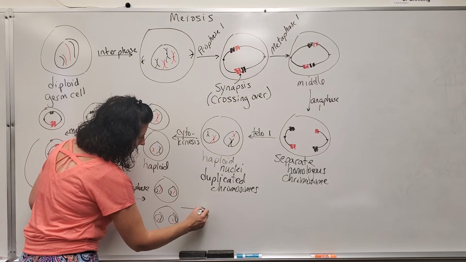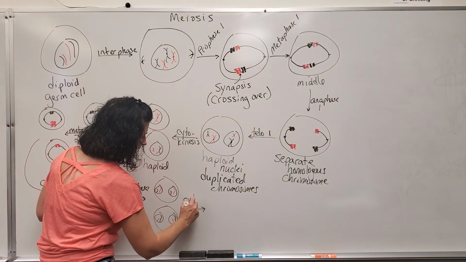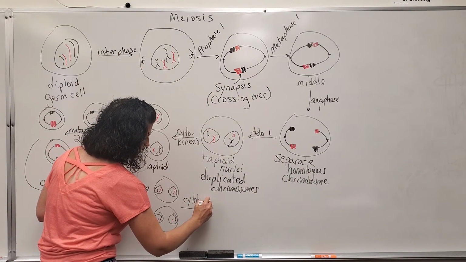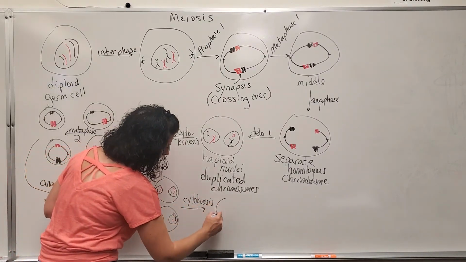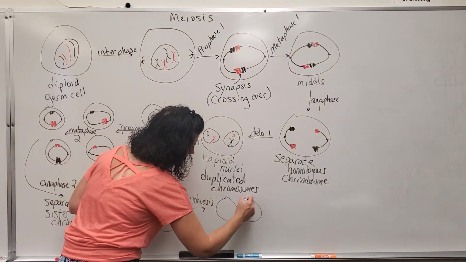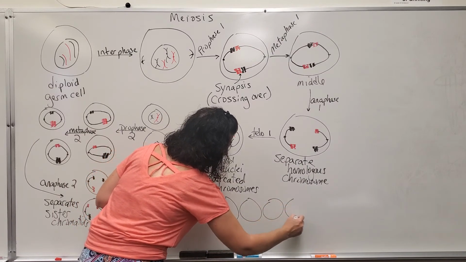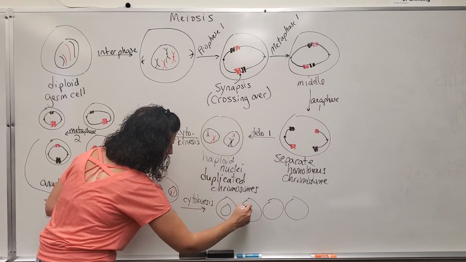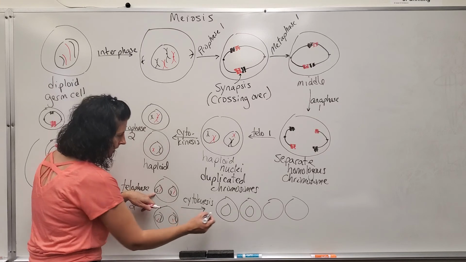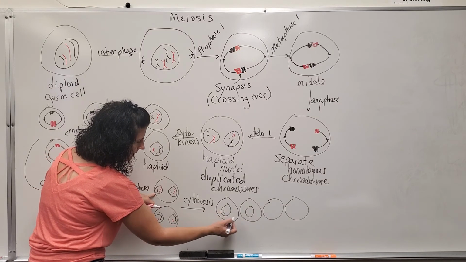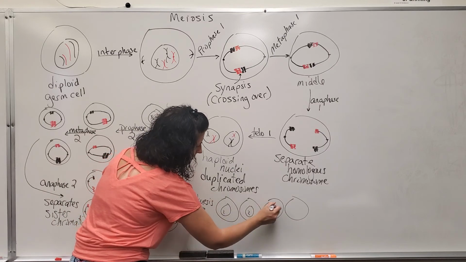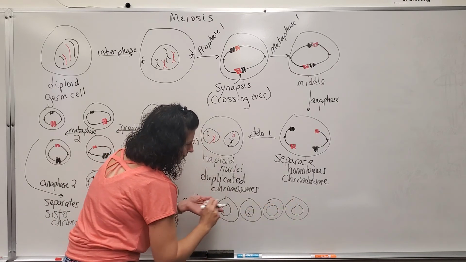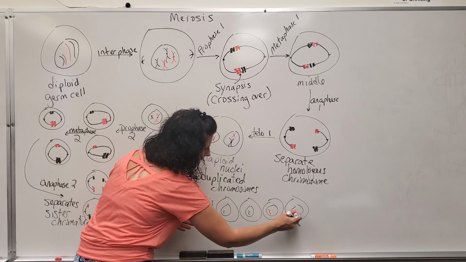So now we can go through cytokinesis again to give us 4 cells. Two of them are going to have chromosome 1 that came from the sperm. 2 of them will have chromosome 1 that came from the egg.